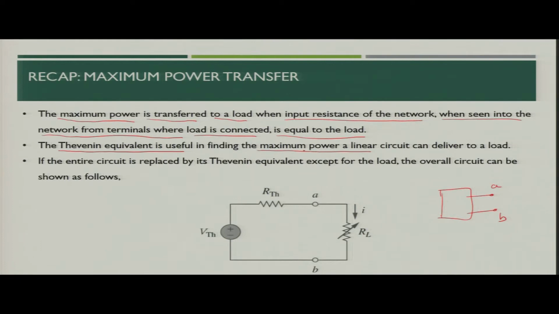The Thevenin equivalent is very useful in finding the maximum power a linear circuit can deliver to the load. We also discussed that the entire circuit is replaced by the Thevenin equivalent except for the load. The overall circuit can be shown as given in the figure.